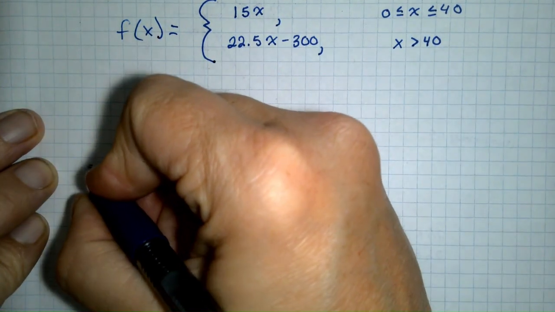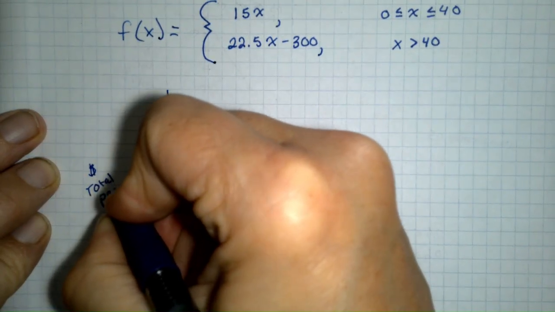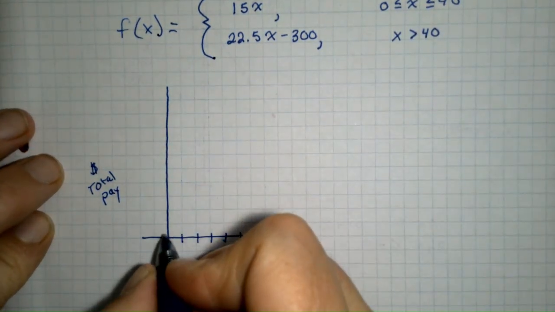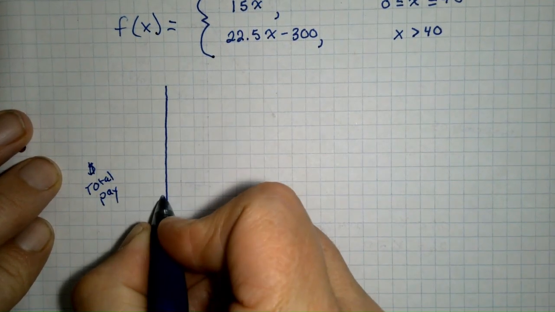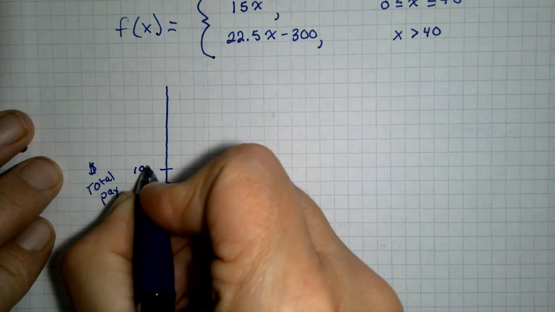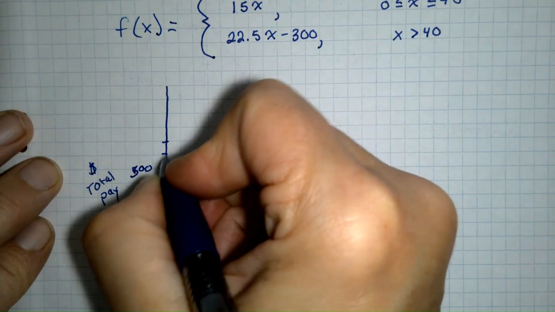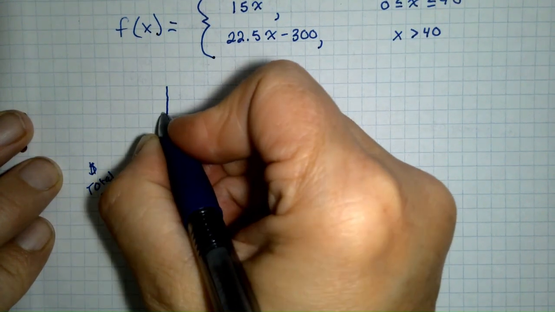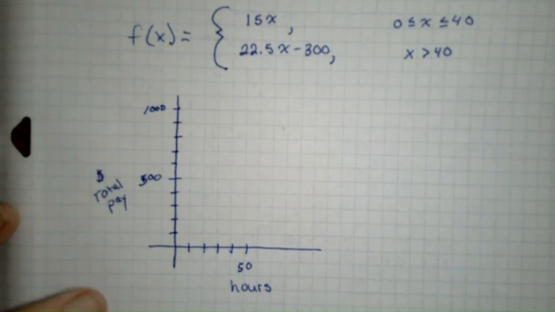And this is going to be our total pay. And it's going to be in dollars. And since pay climbs pretty quickly, I'm going to number by hundreds. 500. There's 1,000.